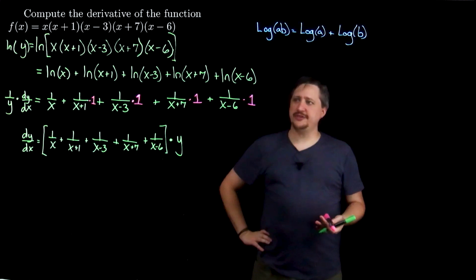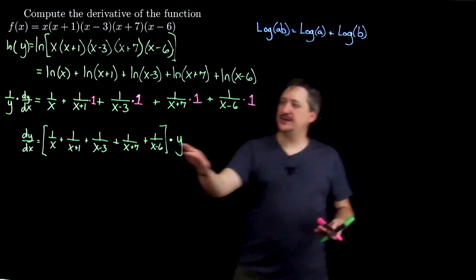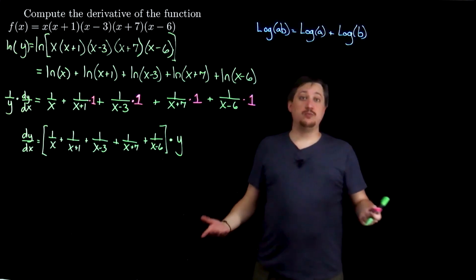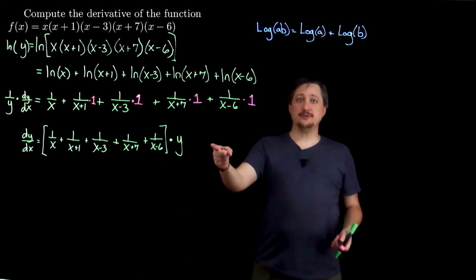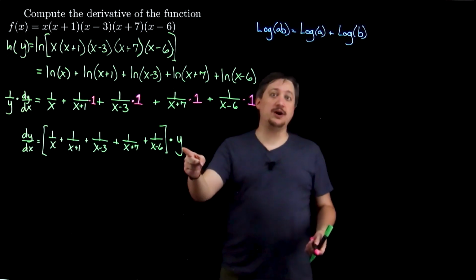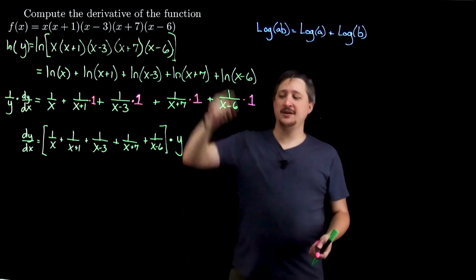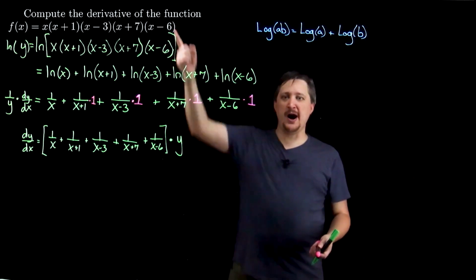So we want to be able to get rid of y. We want to have just x stuff over here. How will we do that? Well, it turns out we can get rid of y because we know what y is. In particular, y is this big mess, right? So I'm going to substitute that y.